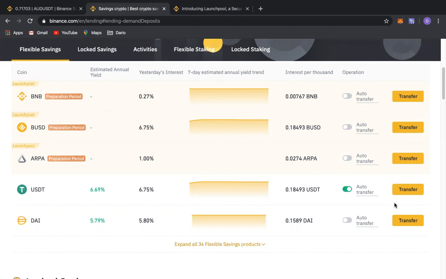So for those who are into dollar cost averaging, this is very useful as well.